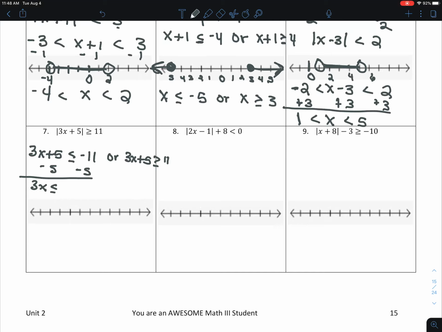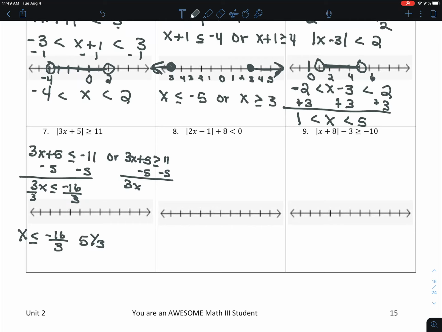I get 3x is less than or equal to negative 16. Divide by 3. So I get x is less than or equal to negative 16 thirds. And 16 thirds is 5 1/3, 5.33. Use your calculator.